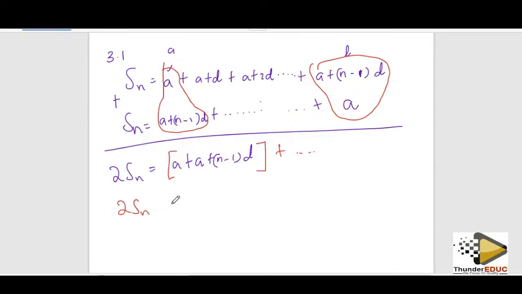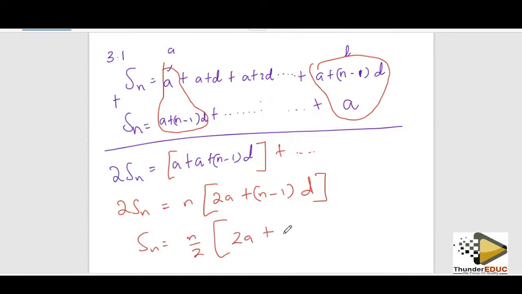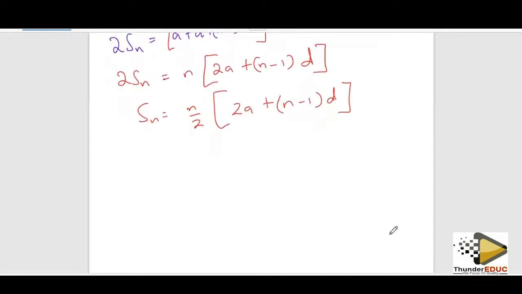So twice Sn is equal to n into, I can simplify what is inside the brackets, that's 2a plus n minus 1 into d. Then I can divide both sides by 2, so that I have n over 2 into 2a plus n minus 1 into d. So that's how I would prove that.